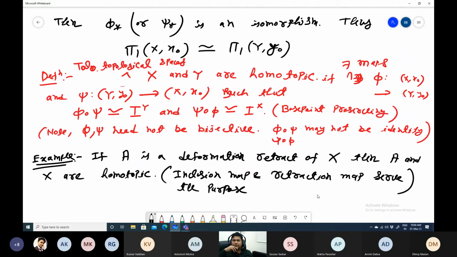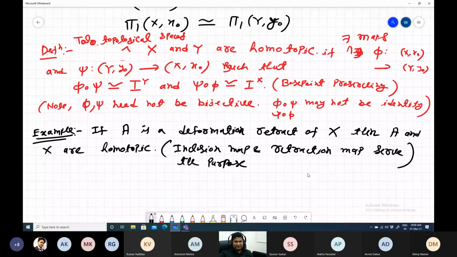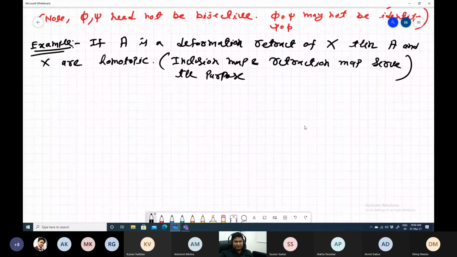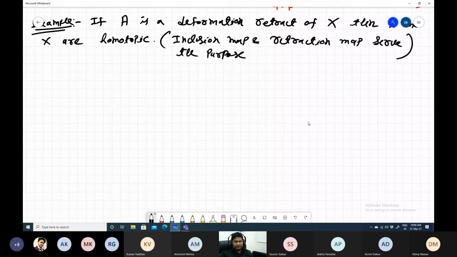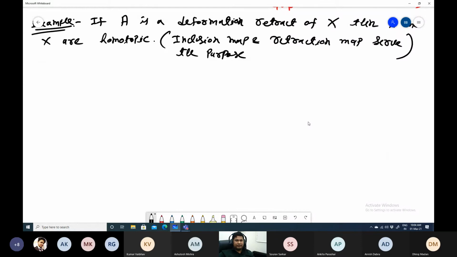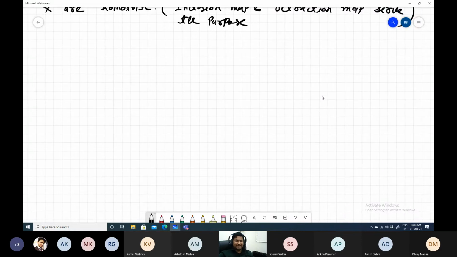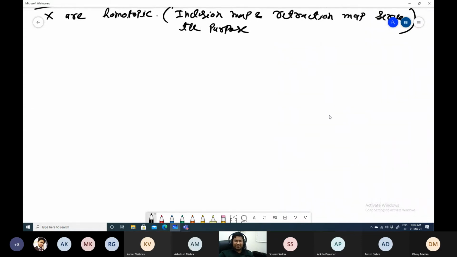That is a homeomorphism. Okay. Anyway, there should be many, but currently we are not getting any other example.